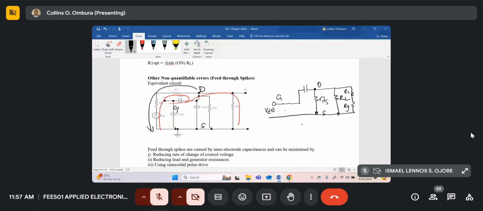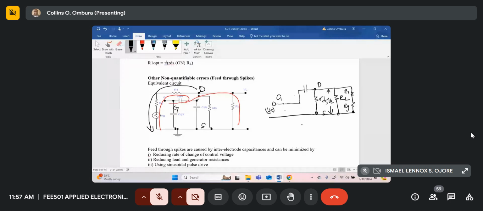So in analyzing the circuit, we can consider VG equal to 0, so it gets short-circuited.